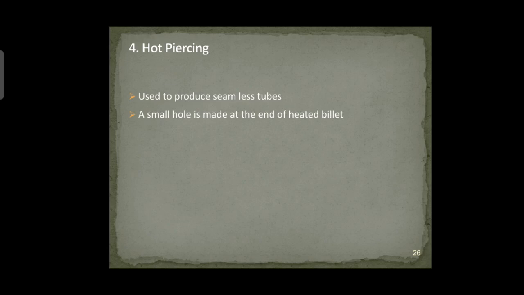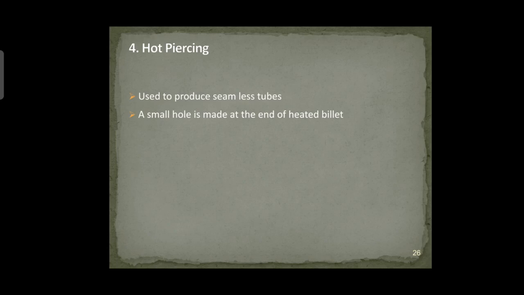In some operations they will produce only up to certain lengths, then again the joining of tubes has to take place. If you use this hot piercing process, we can produce seamless tubes. Endless tubes, just like no joining; you cannot see any joining on these types of tubes. We are calling them seamless tubes.